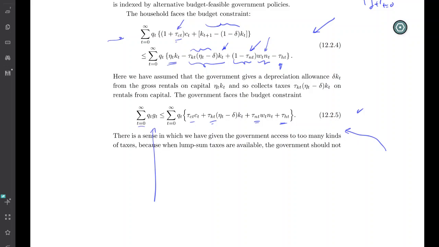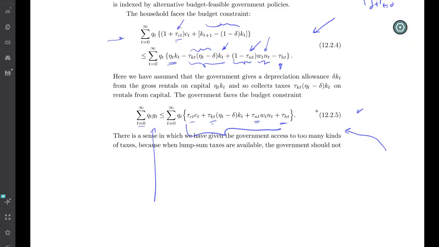It has to raise at least that much revenues. And how can it do it? Well, it can time its taxes differently. It can tax now or later. And this budget constraint doesn't care.